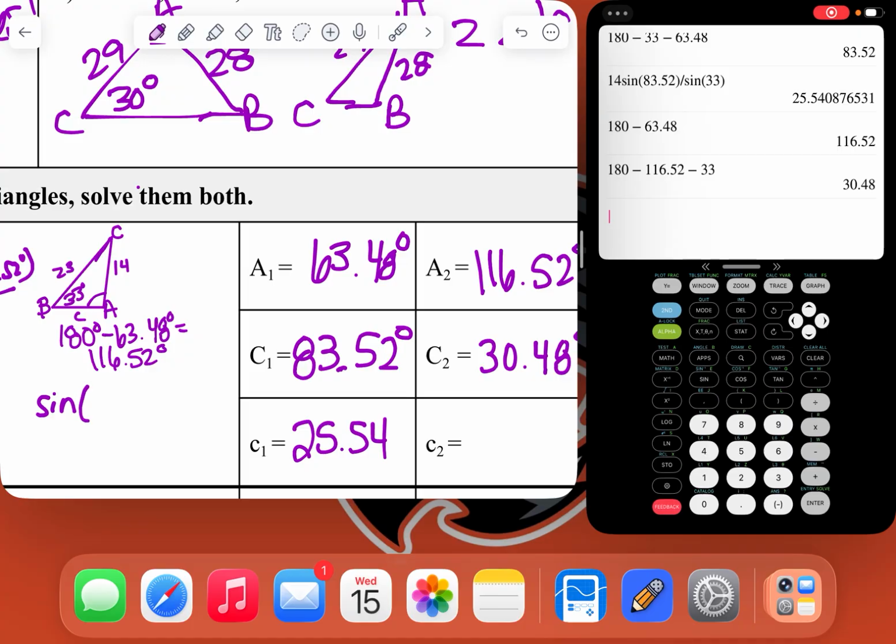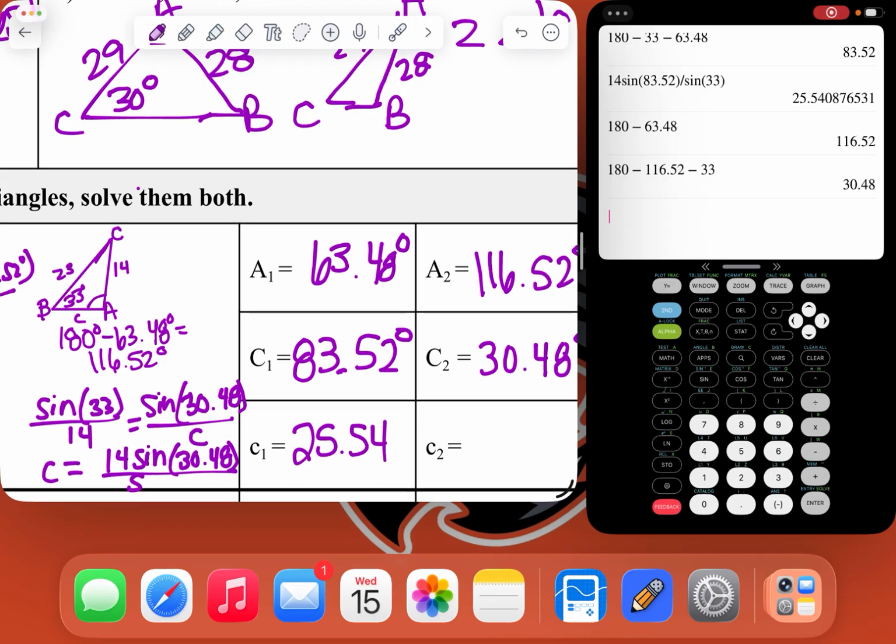So we stick with the sine of 33 over 14 because they gave us that in the problem. And now we'll set up the ratio of the sine of 30.48 over C. And so if we cross multiply and divide, C will equal 14 times the sine of 30.48 divided by the sine of 33.